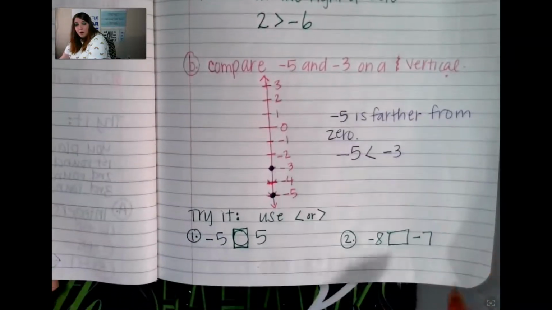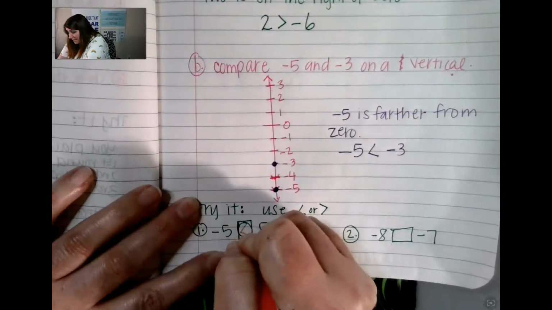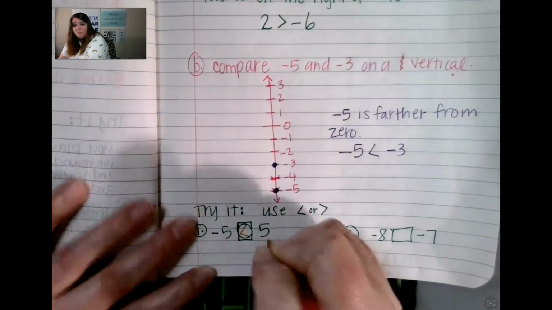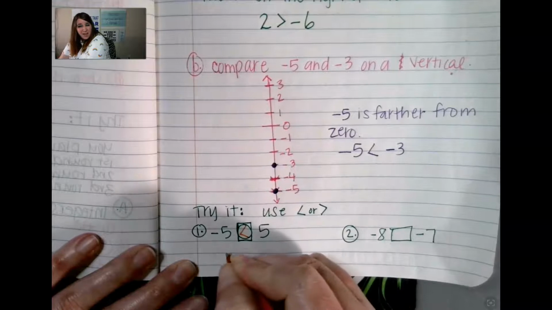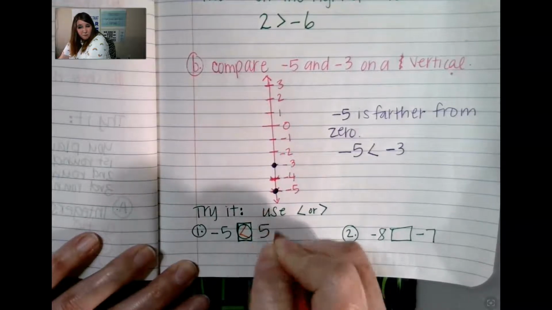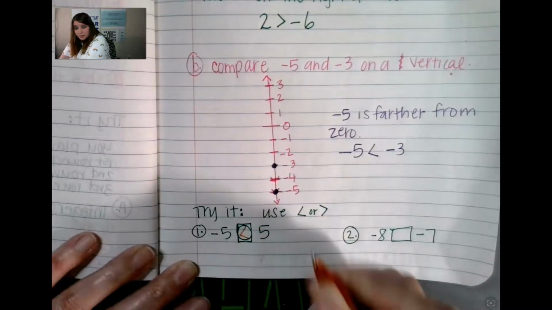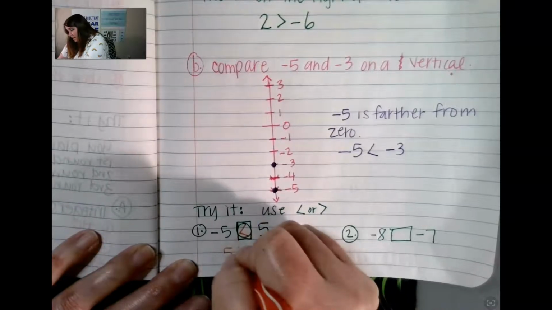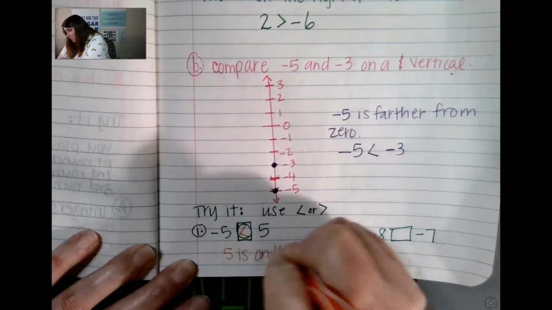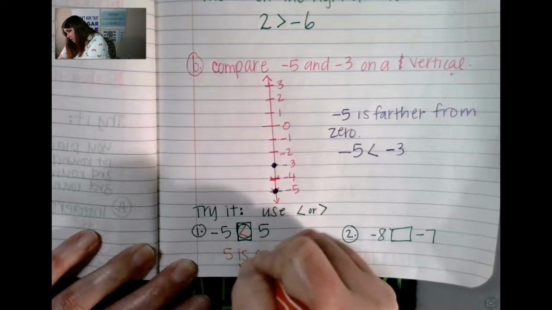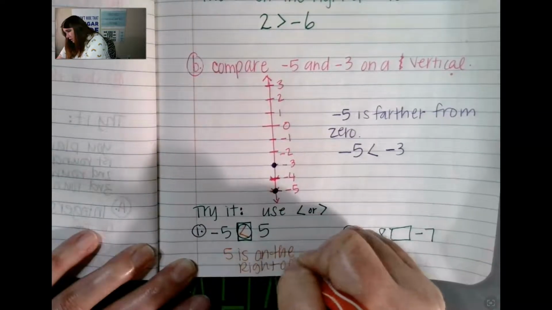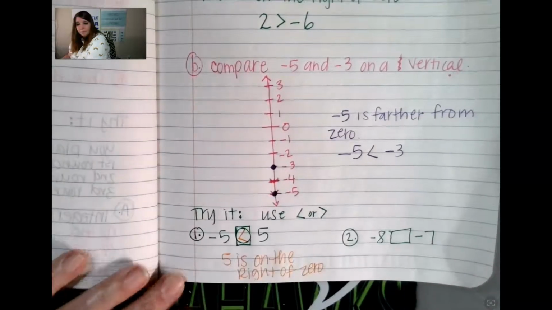So -5 is less than 5, because if I want money, right? So 5 is on the right of 0.